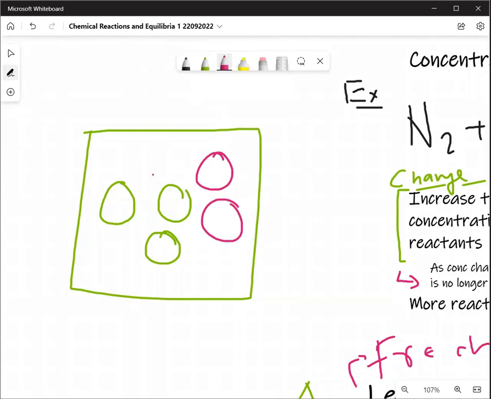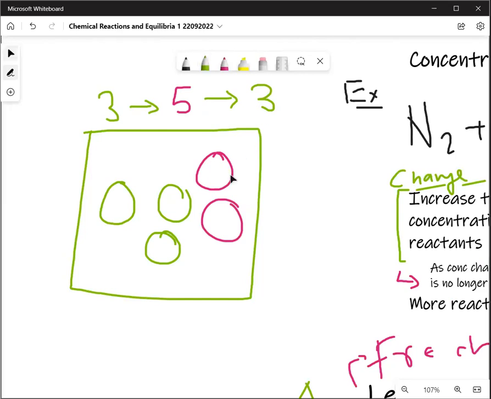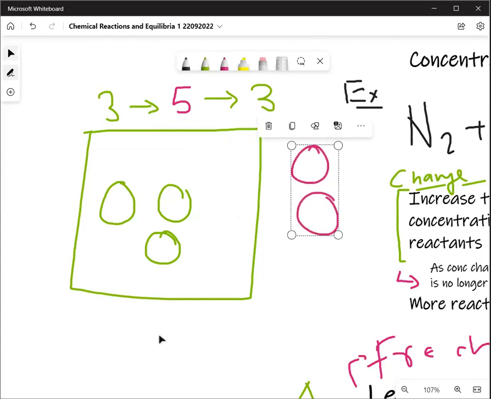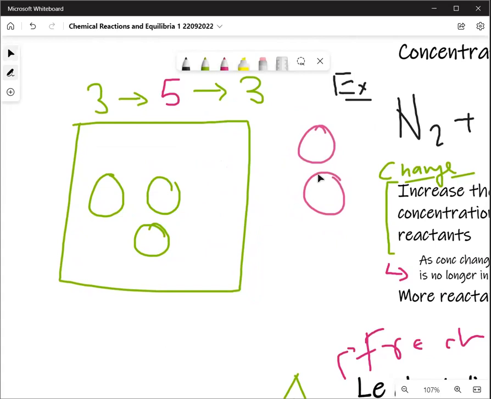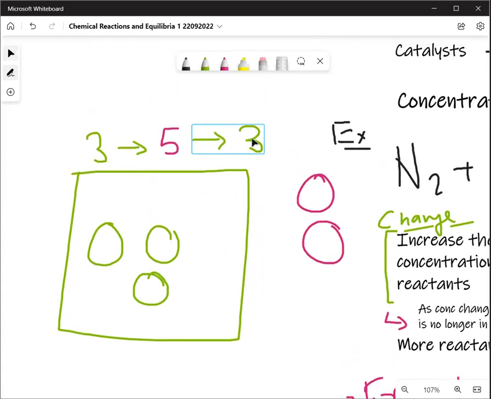Let's say at the start it was three. Then I made it five. Now, how do I make it three again? By reducing them. So I'll have to remove any two, the extra part, whatever came extra, I'll have to remove. So that will go back to three.